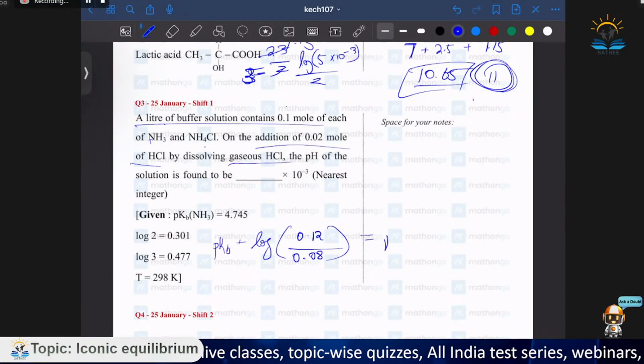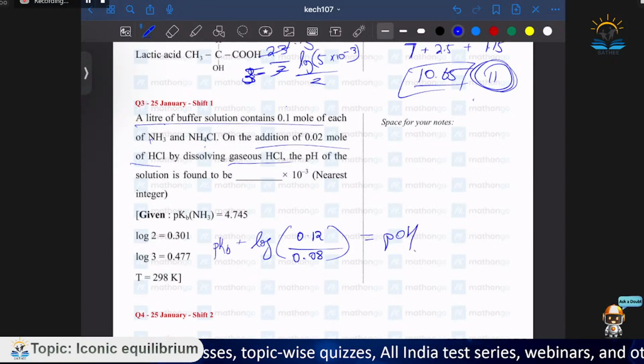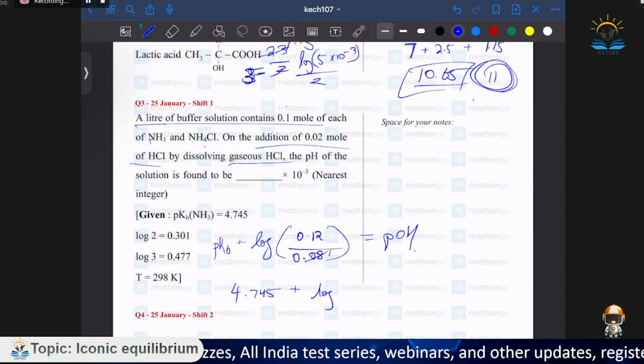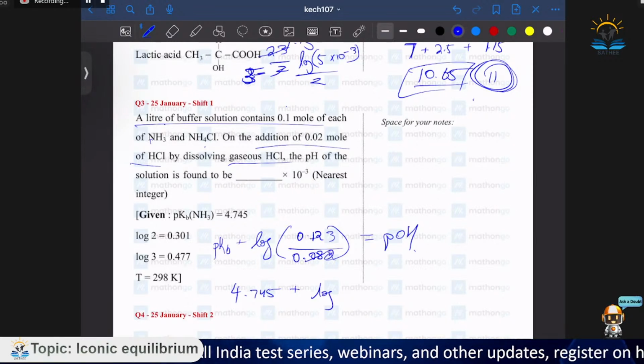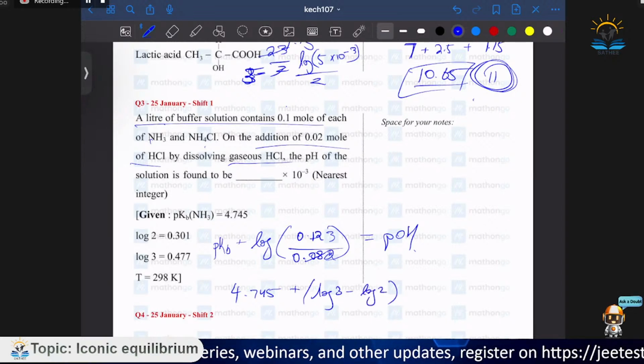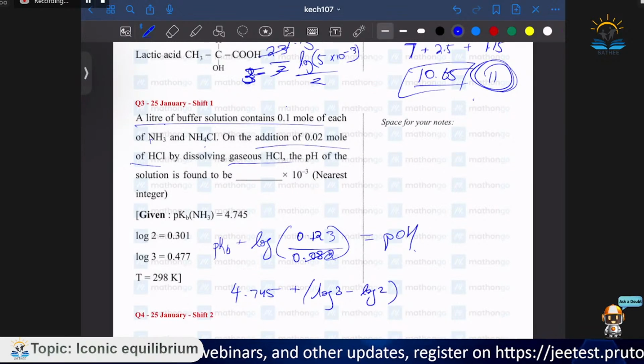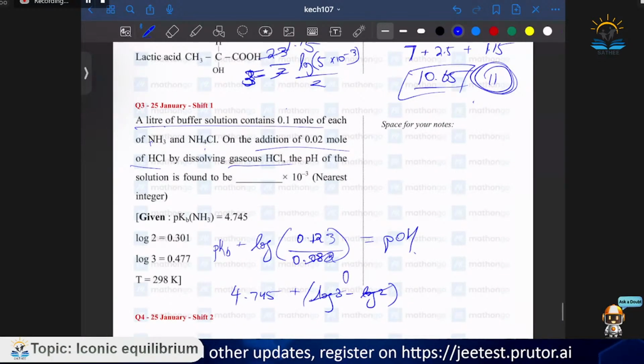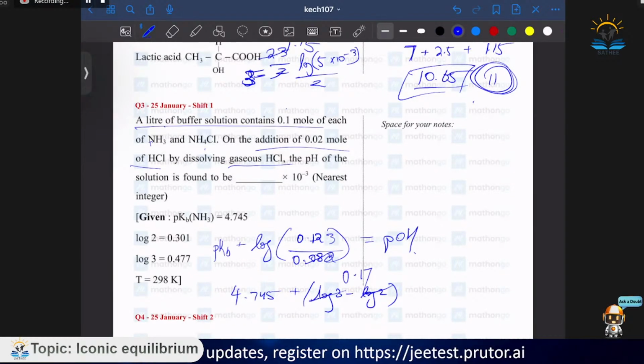So you take the log of this, and pOH is equal to pKb plus log. pKb they have given as 4.745 plus log of 3 by 2, that is log 3 minus log 2, and it is basically 0.17.